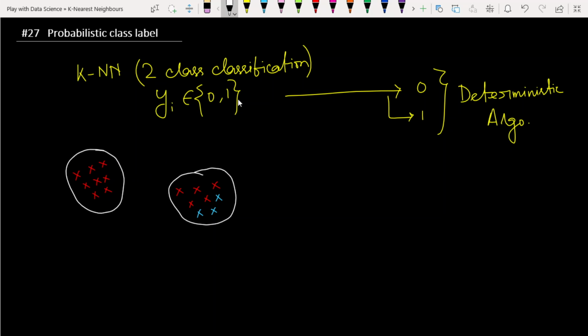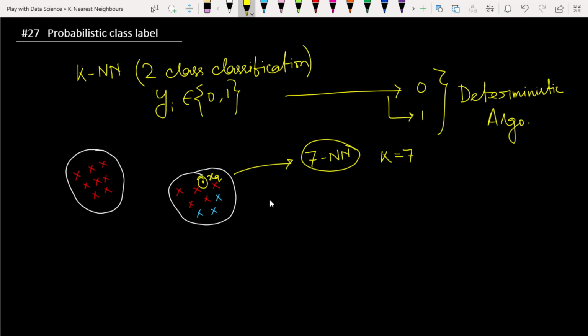Suppose we have a query point here in this cluster. In this cluster we consider the 7NN algorithm, so I'm choosing k equal to 7.